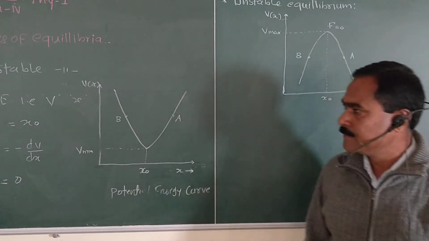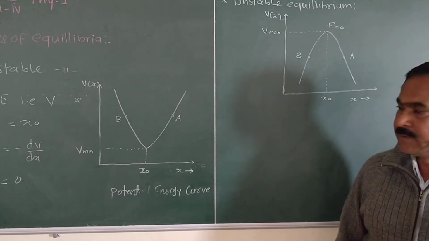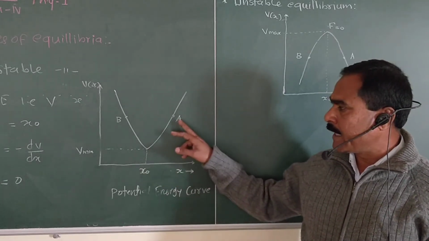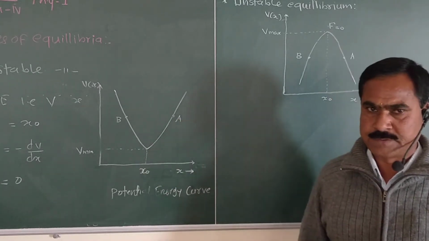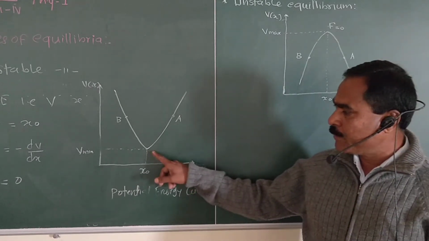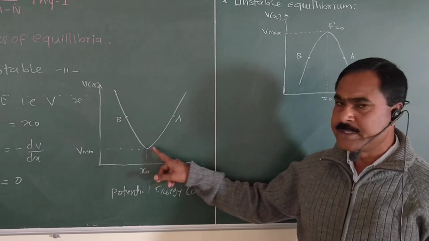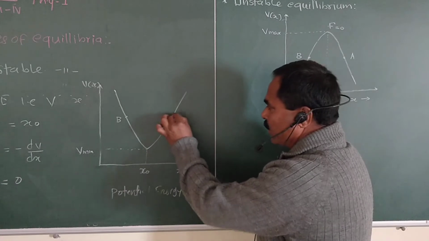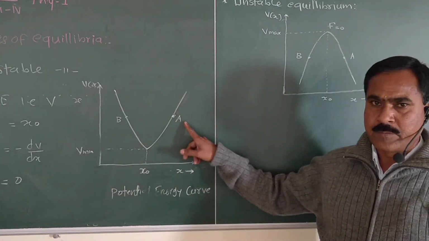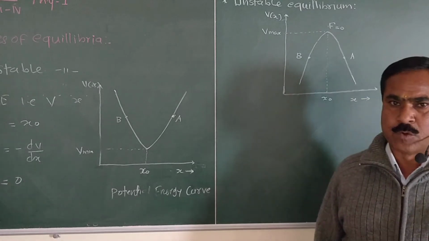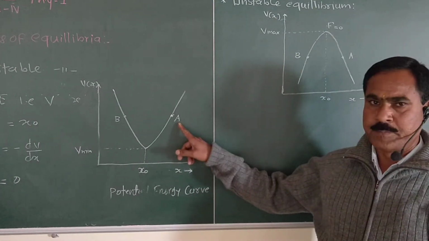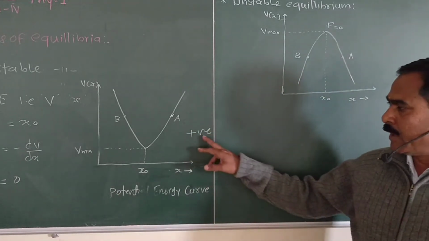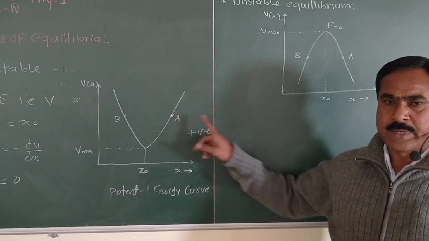Then next we give a small displacement to the particle toward the right at point A by applying some force. At point A, when we calculate the slope, the value of slope is always positive.